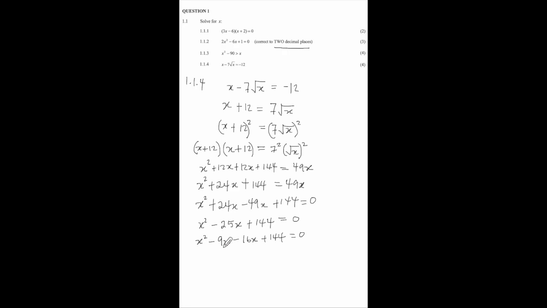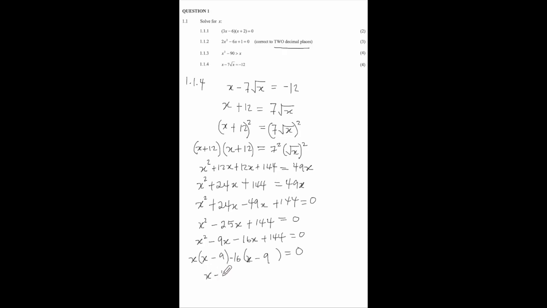Now I have 4 terms. With these 4 terms, I then factorize this way. On the first 2, I factor out x, which is the common factor. That gives me x minus 9. And then I have to get the same thing in brackets, x minus 9, when I factor out here. If I look at this, I would see that it's negative 16. That is the factor which gives me x here and negative 9 there.